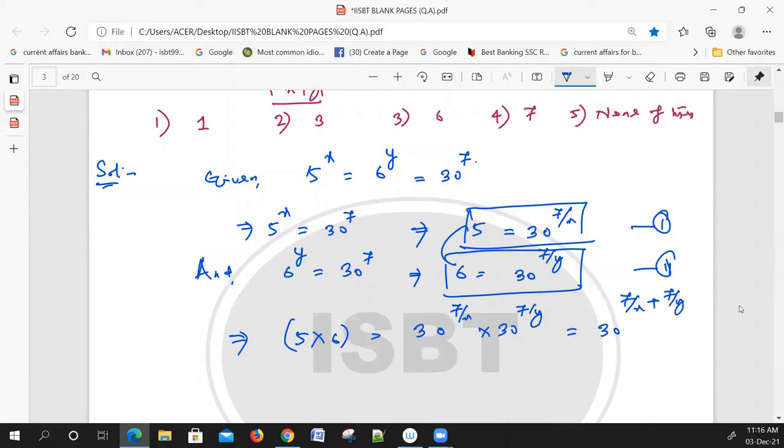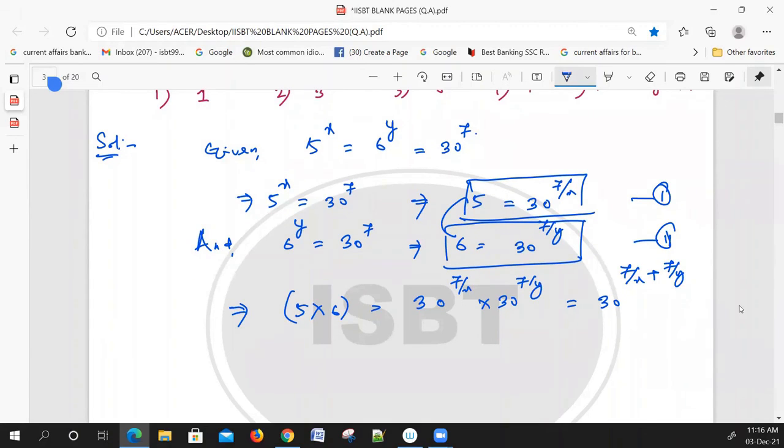Okay, in the next step, 5 into 6 is 30, and 30 we can write as 30 to the power 1.